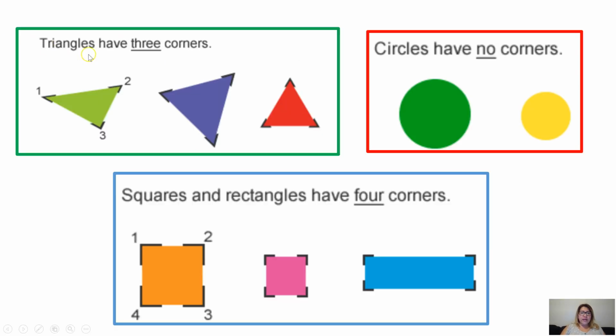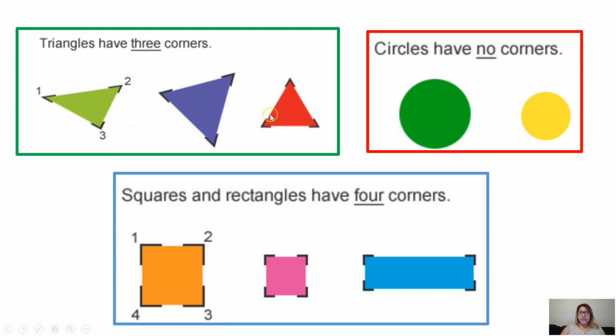So triangles have 3 corners. And boys and girls, if we can see here, the triangles could have different sizes of the sides. If we take a look at this green one, we know that this side is a different length than this one and this side.